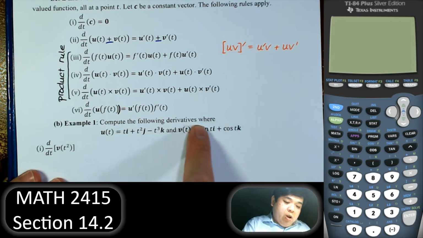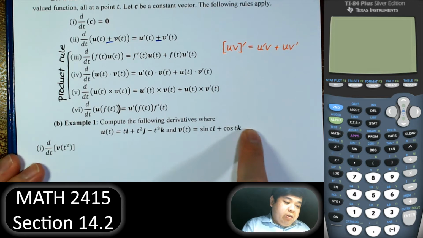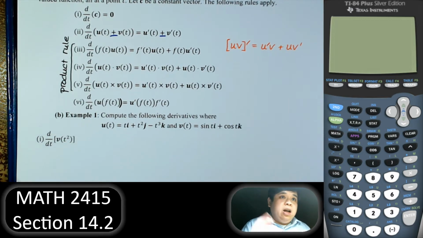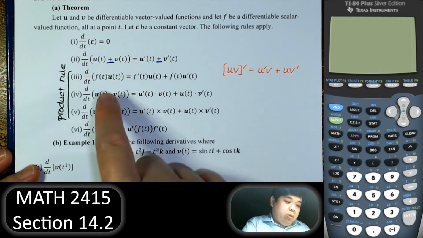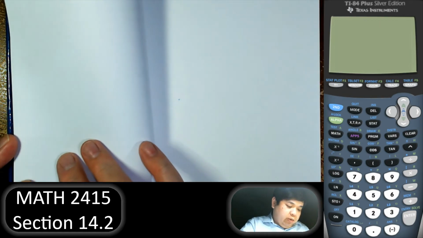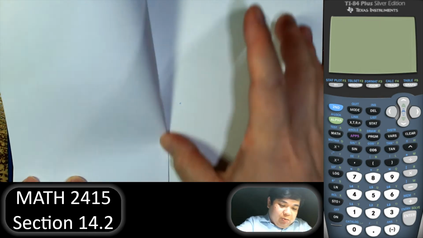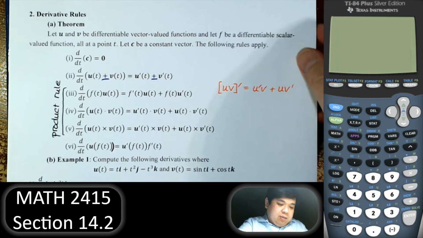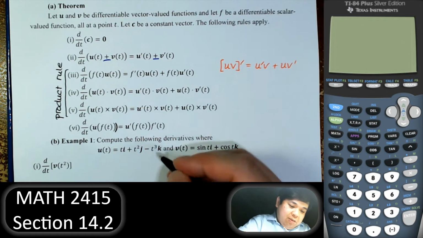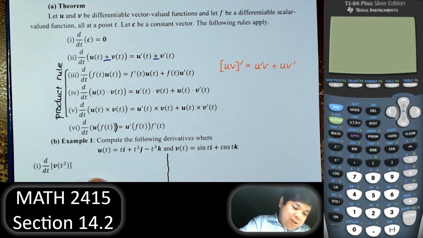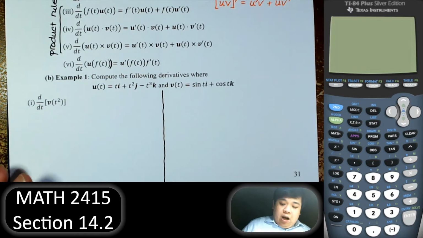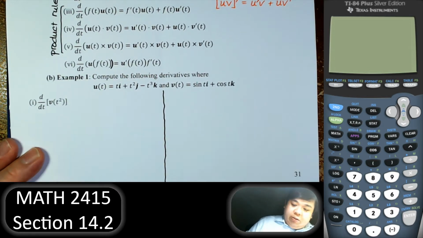Now let's go to an example. Compute the following derivatives. Now let's just calculate this. We're going to do that both ways. Let's fold the page in half. First we do v of t squared first.